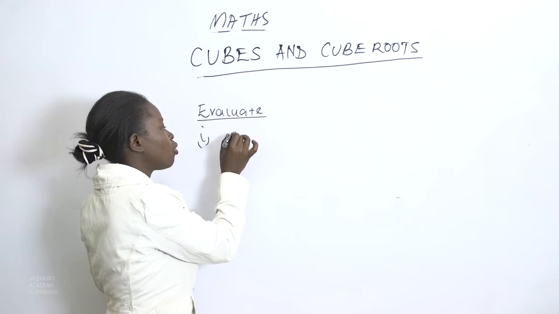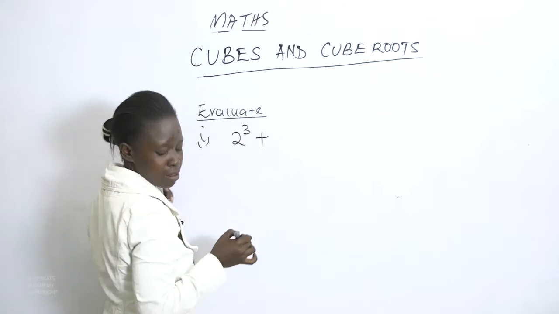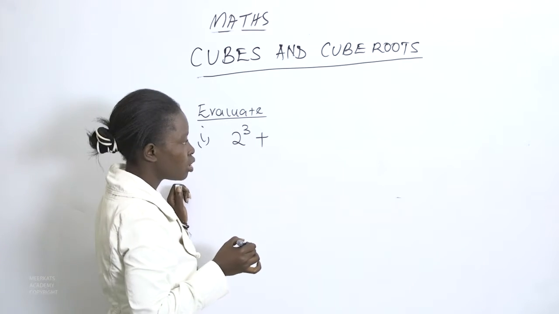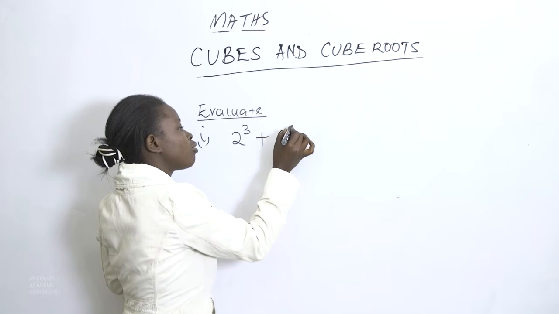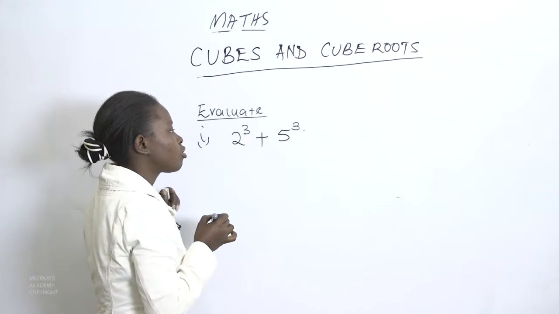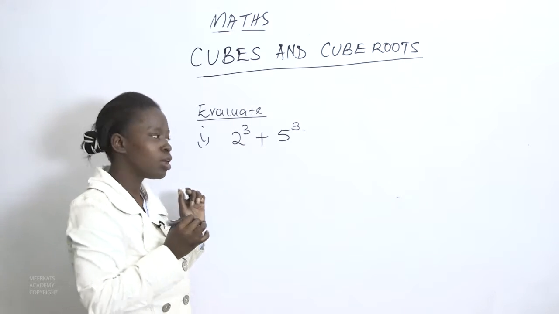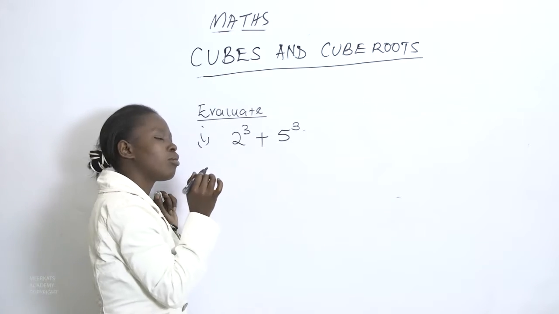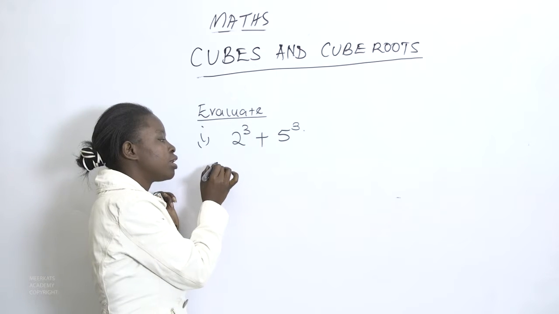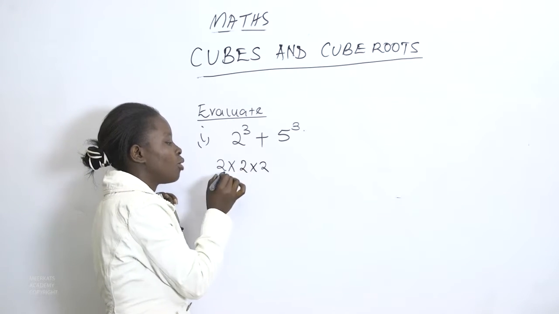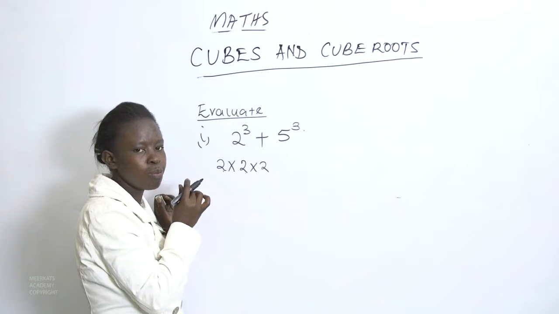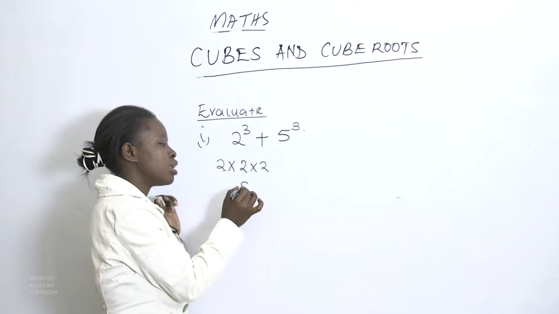So we have 2 cubed plus 5 cubed. 2 cubed simply means I multiply the 2 repeatedly 3 times. So I have 2 times 2 times 2. 2 times 2 is 4. 4 times 2 is 8.